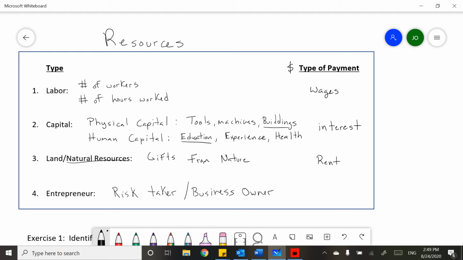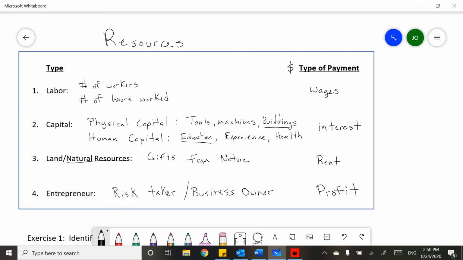They're called entrepreneurs, and we call them risk takers because they are taking the risk of losing their assets, such as their money and their time. When you take out a loan to start a business, you're taking the risk, and the risk is that your business might not succeed. And for that risk, they get what we call profit. That's the type of payment that you receive for taking that risk.